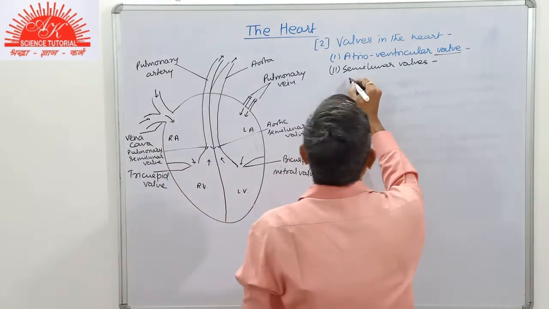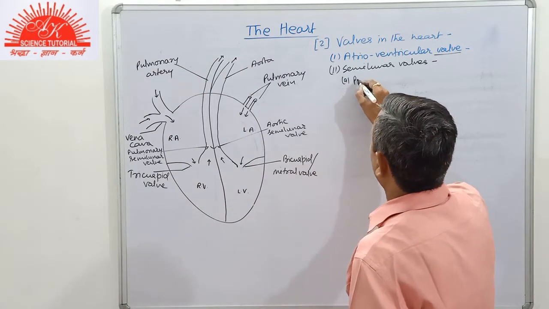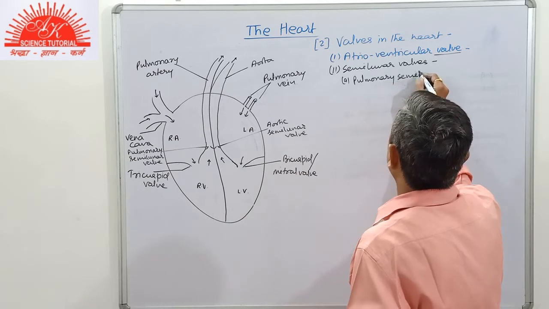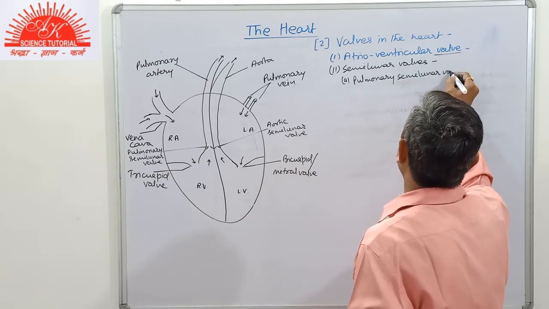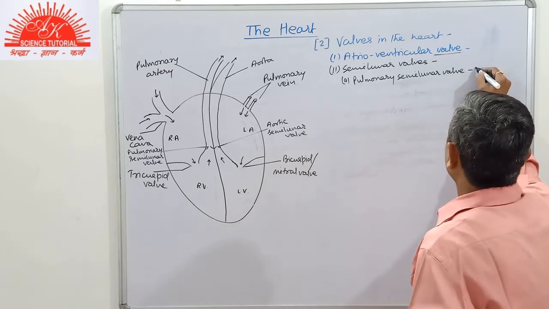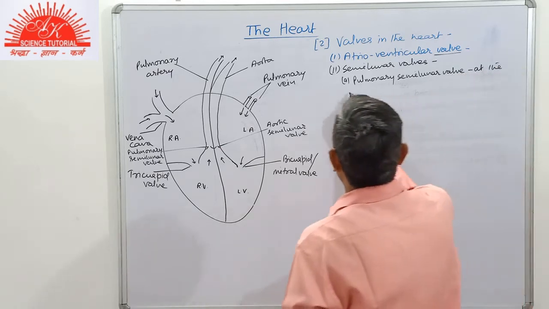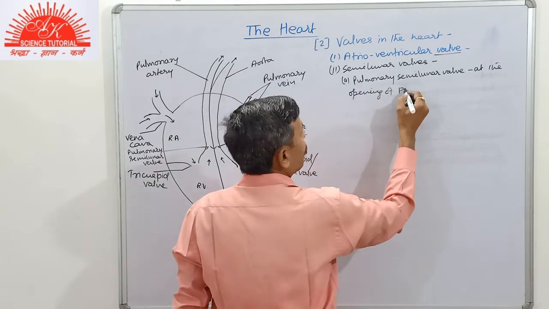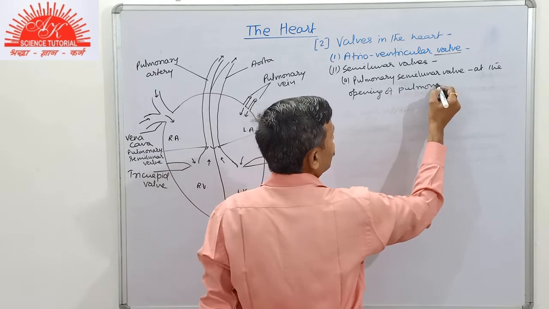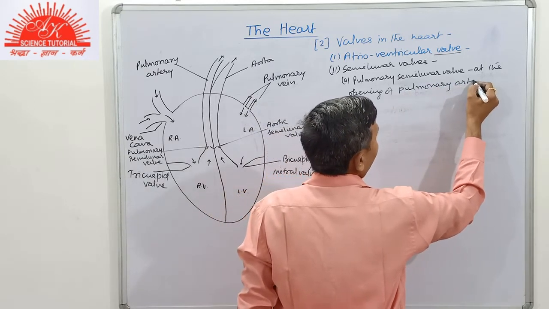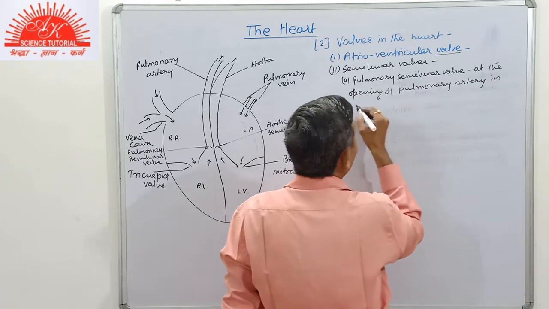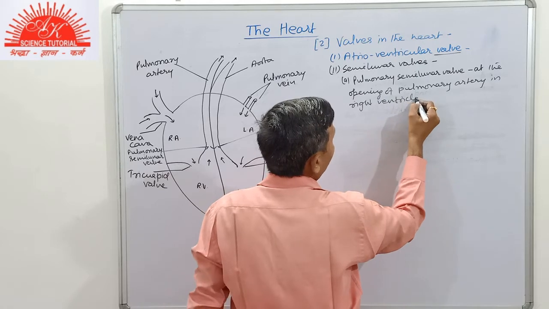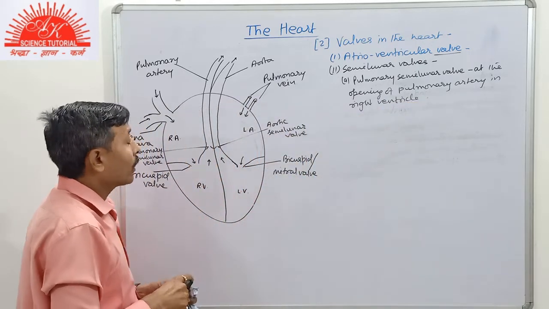If we study its location, first of all, it is the pulmonary semilunar valve at the opening of the pulmonary artery in the right ventricle. So this is its location, and what is its function?